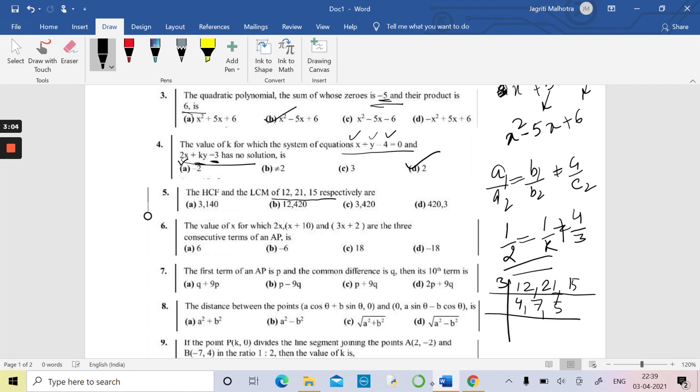Now there is no common number except 1 that will divide all these 3. Then that means 3 is our HCF. That means this can be correct or this can be correct, because first we have to find the HCF. In all the MCQs, the first one is written as the HCF portion. Sorry, wrong, that means this is eliminated. So now we are left with A and B.